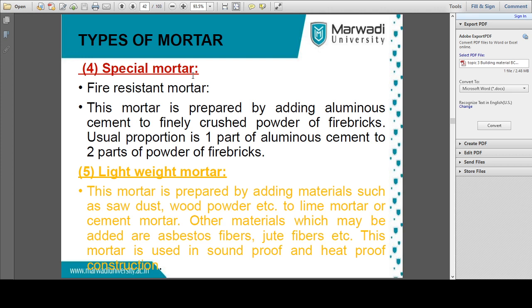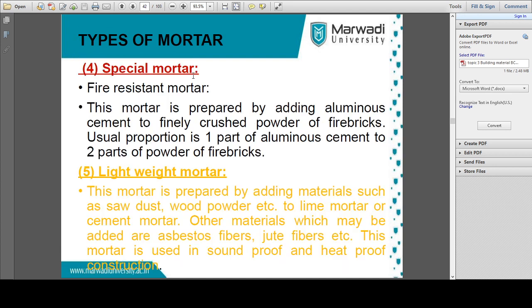And this mortar is prepared by adding some metallic component, that is aluminium cement, to finely crushed powder of fire brick. Usually the proportion is 1 part of aluminium cement to 2 parts of powder of fire brick. So these are the four classifications of mortar.